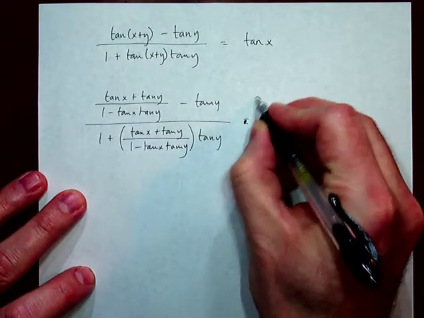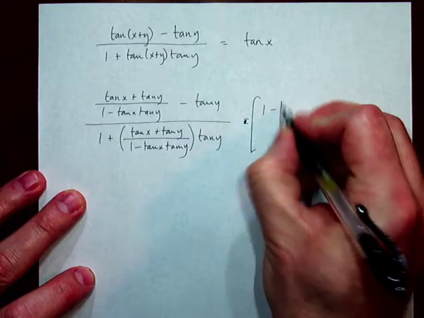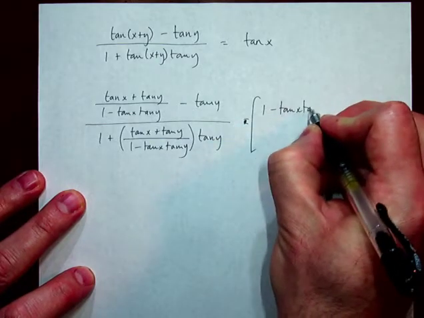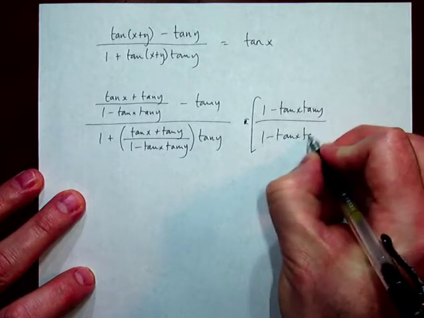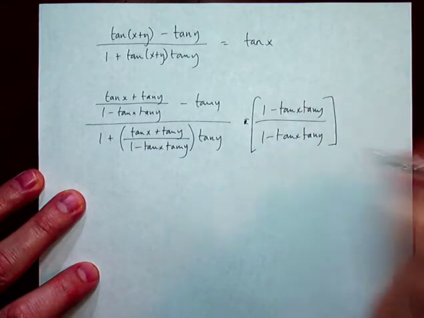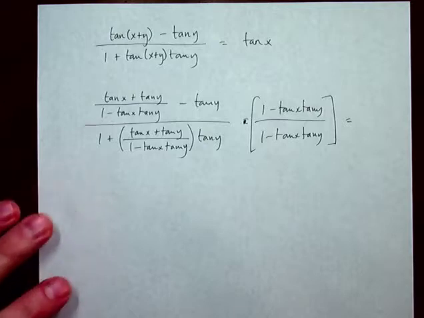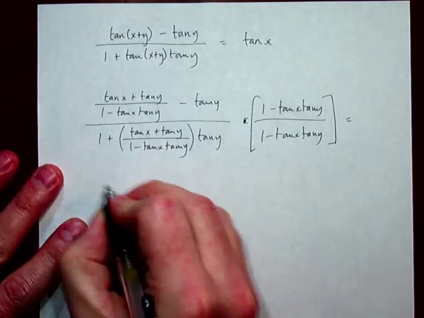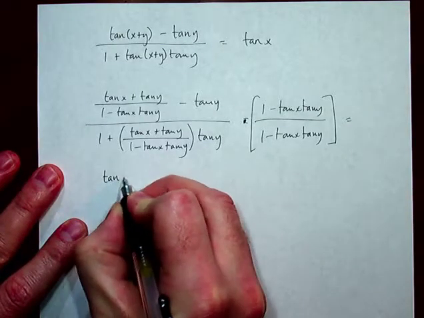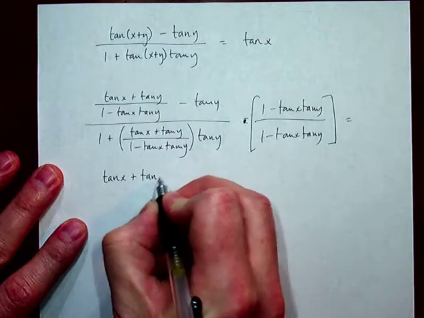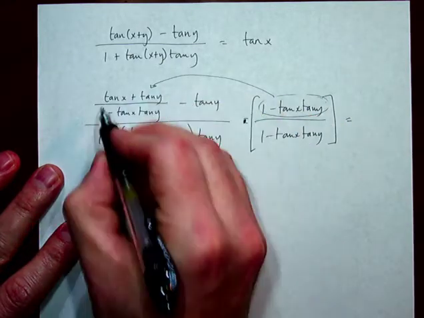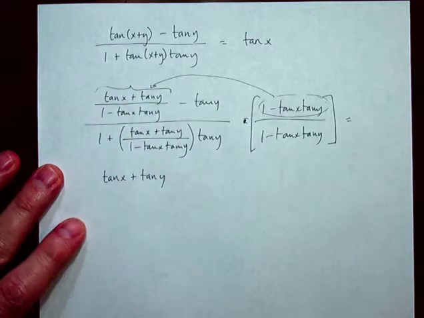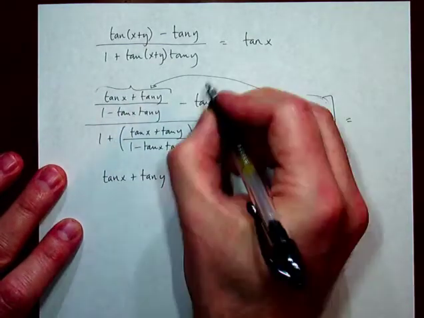So let's go ahead, and that's 1 minus tangent x tangent y, 1 minus tangent x tangent y, and at this point it is getting awfully messy, and you're thinking, why in the world would I ever do this? And of course I'm agreeing with you. Now when you distribute it, basically you need to take this and distribute it to this first term, which by first term I mean that whole fraction, and then to the second term.